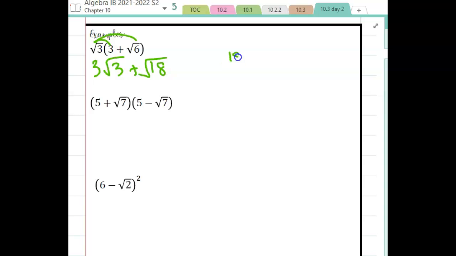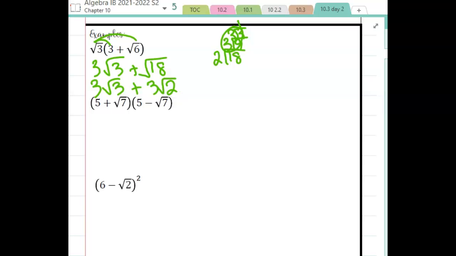So we would need to take the 18, divide out a 2, we'd get 9, divide out a 3, we'd get 3, another 3, we'd get our 1. So I do have a pair of 3's. First of all, that 3 square roots of 3 is going to stay the same. But that square root of 18 is going to turn into a 3 on the outside, left with a square root of 2 on the inside.